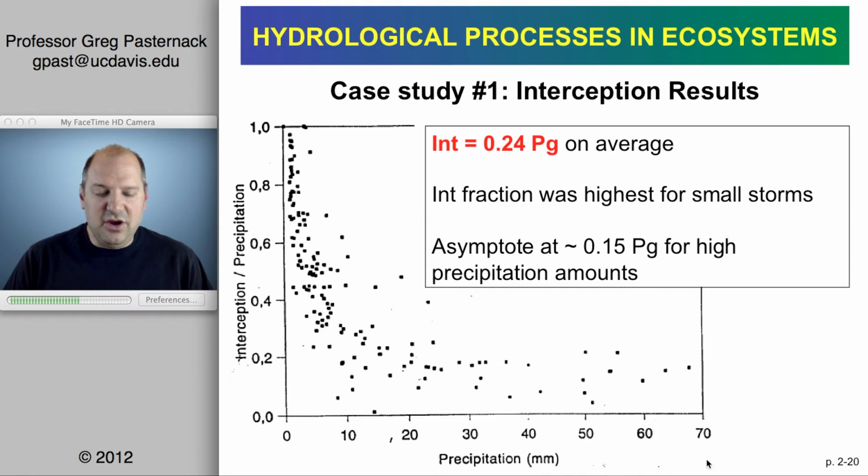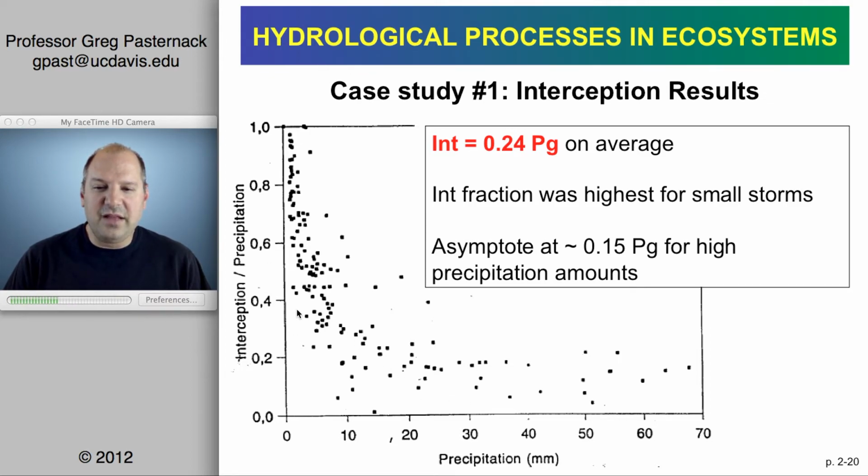Another thing you can see here is we have a plot of precipitation on the x-axis, that's the gross precipitation, and then on the y-axis is the ratio of interception to precipitation. As precipitation increases, it's inevitable that the interception to precipitation ratio has to decrease simply because you're plotting 1 over precipitation.